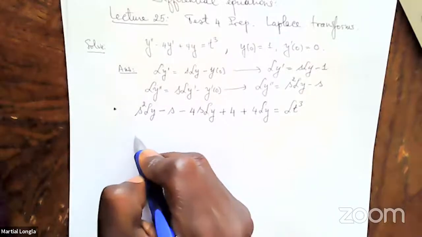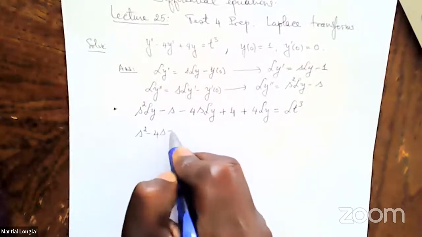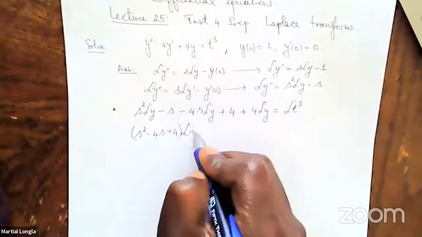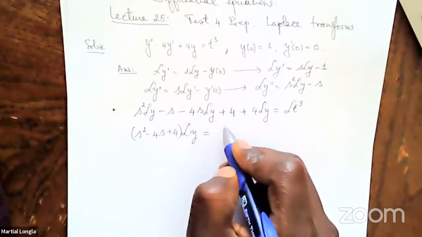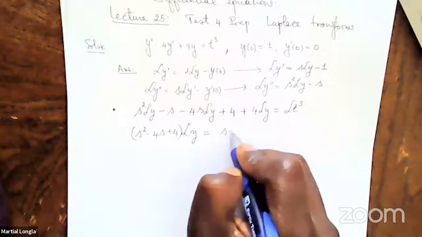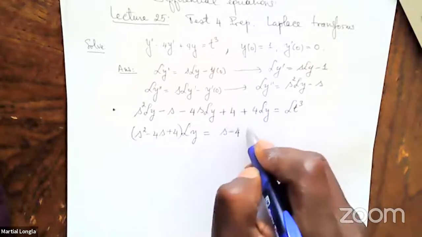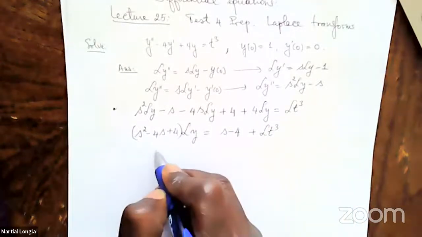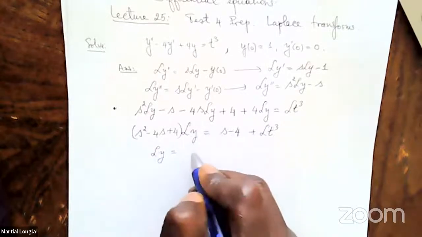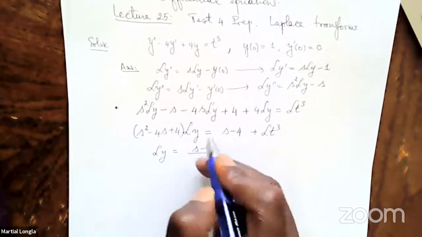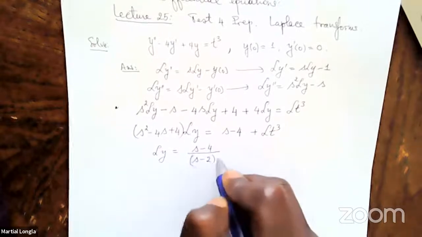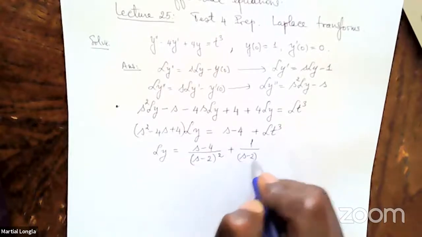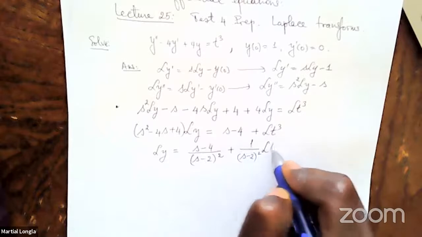And that's going to be s squared minus 4s plus 4 times the Laplace transform of y equals s minus 4, so the Laplace transform of y is s minus 4 over s minus 2 squared plus 1 over s minus 2 squared times the Laplace transform of t cubed.